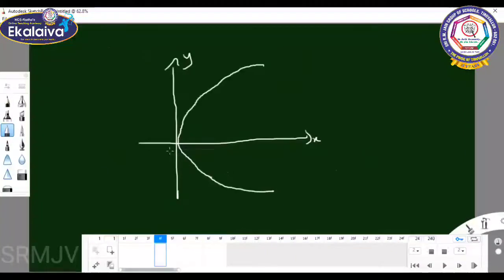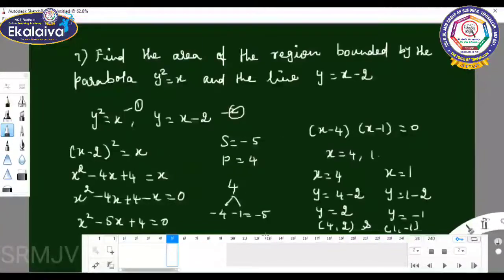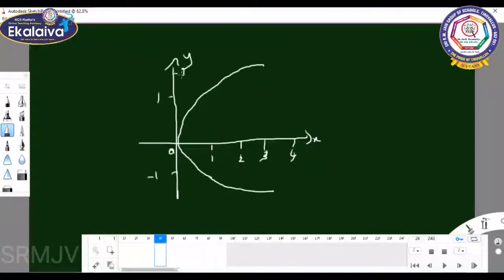So you can write this is the origin, this is 1 and this is minus 1, and here 1, 2, 3, 4, etc. So the intersecting points are 4 comma 2 and 1 comma minus 1.